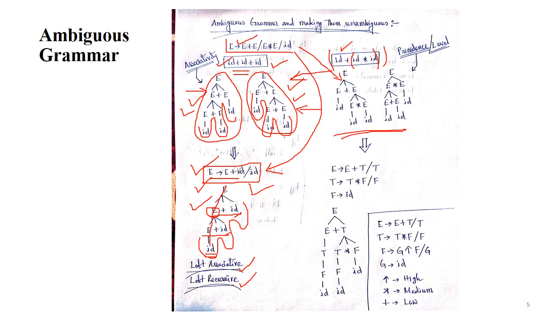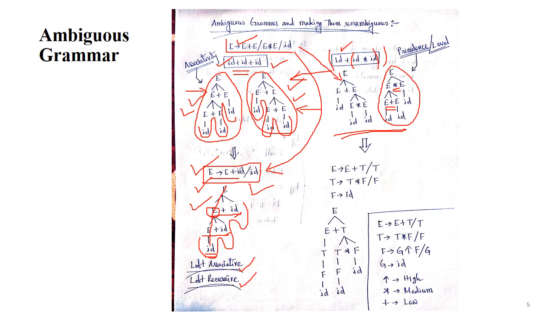Now if your parser uses this production or parse tree, then the output will be wrong, because in this case you can see the plus operation is performed first, then multiplication. So we need to remove this type of ambiguity from our grammar.